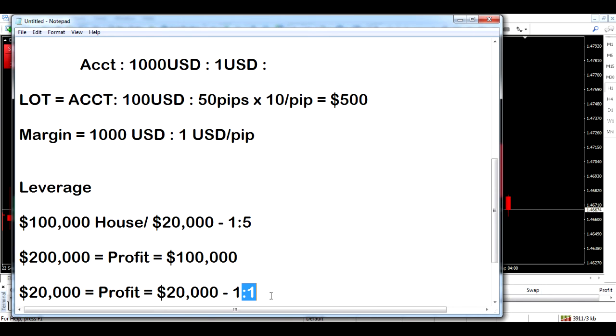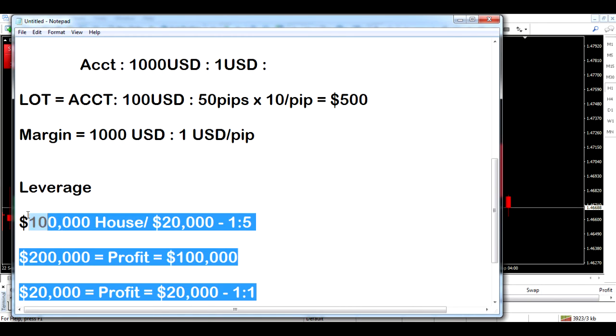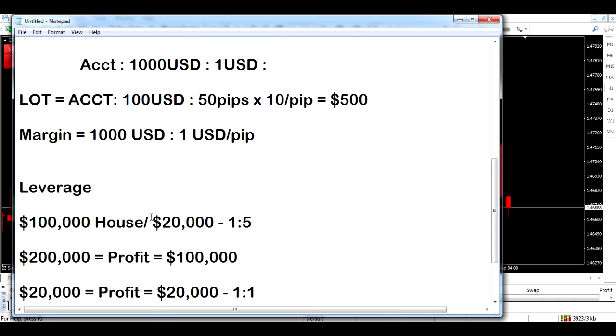And that's why leverage is important, because it gives you the flexibility or the advantage to earn more while having a little amount of capital.